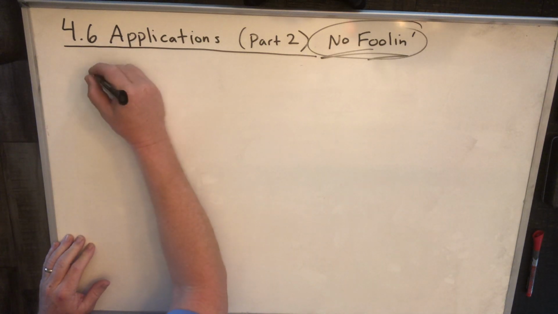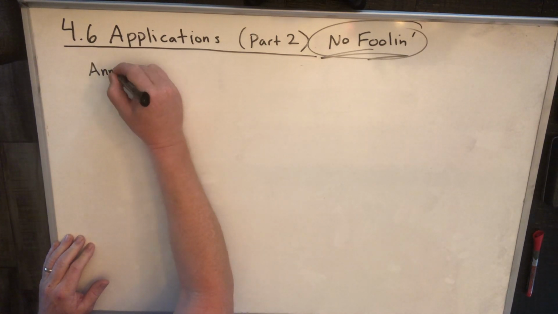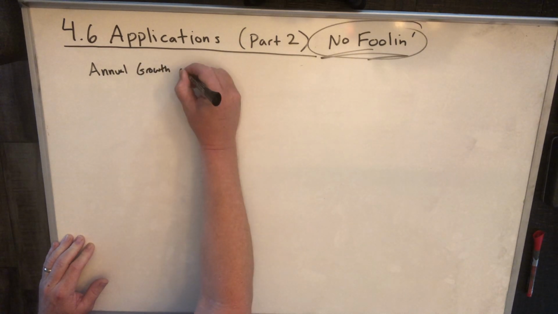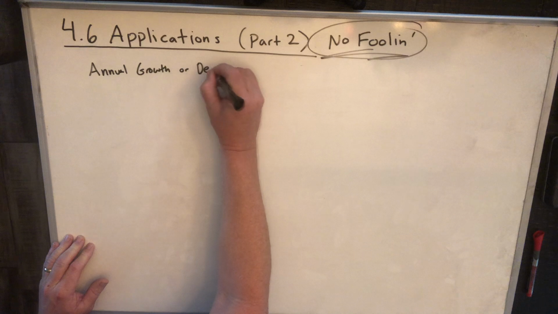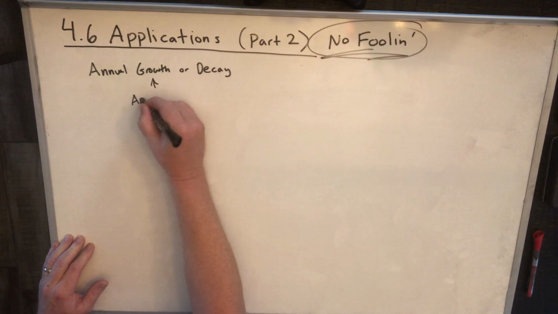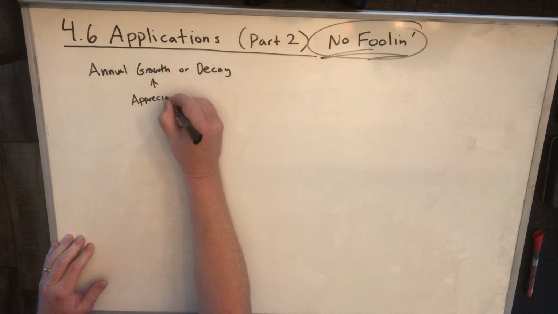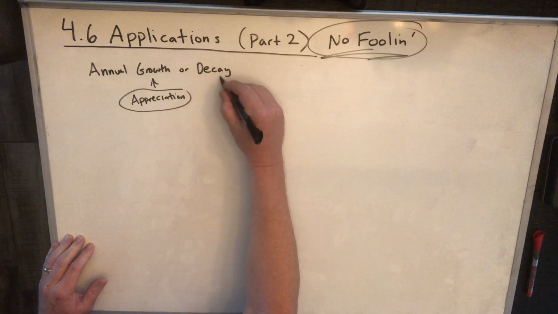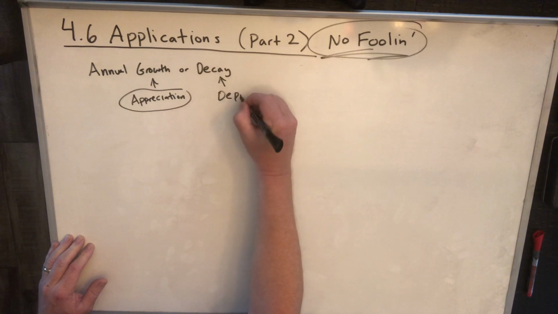So we're going to talk today about annual growth or decay. Growth is also known as appreciation, and decay is depreciation.